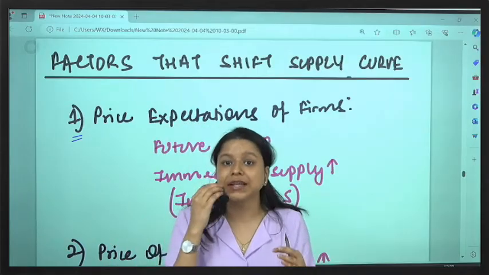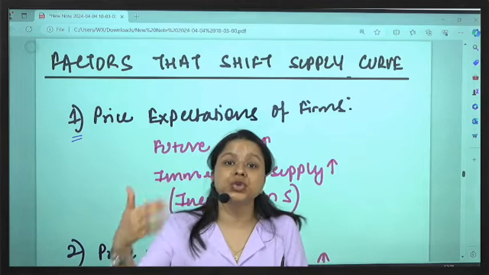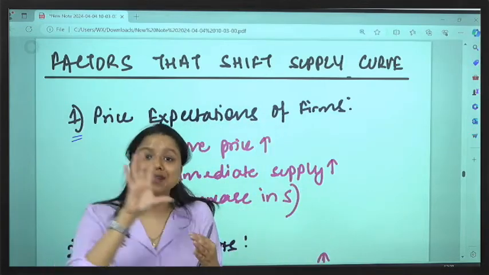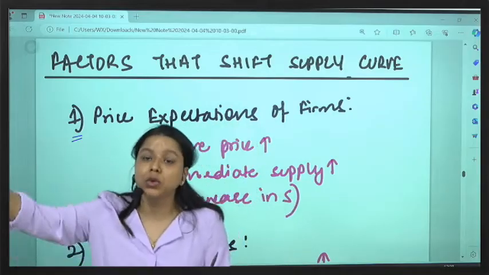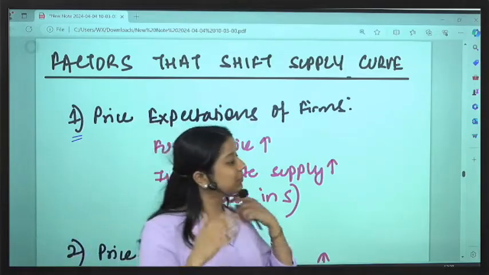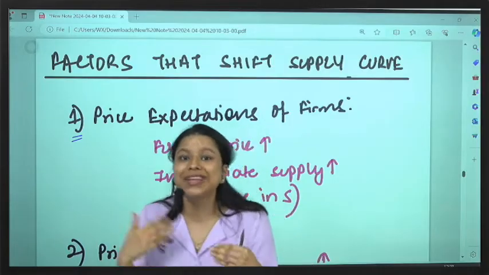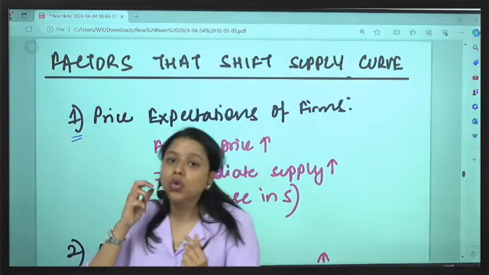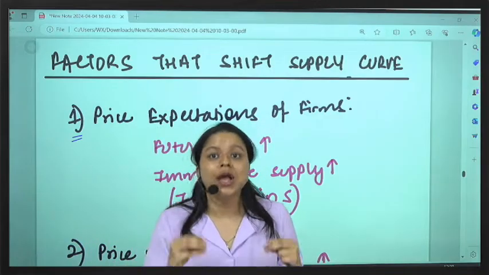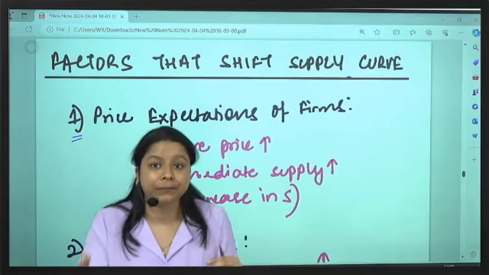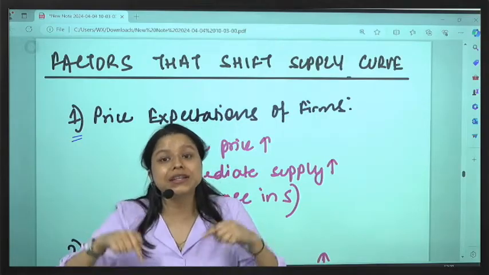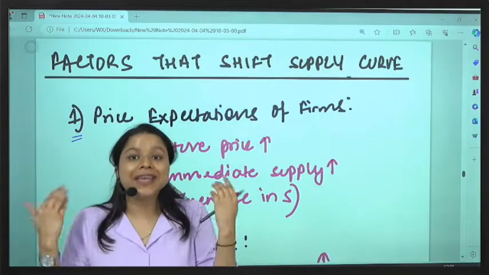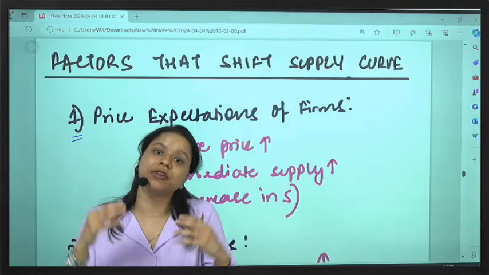Now, if the firm expects that the future price will go down, meaning the current price is comparatively higher than the future price we are expecting, then the immediate supply will increase, because they will try to make as much profit as possible now.